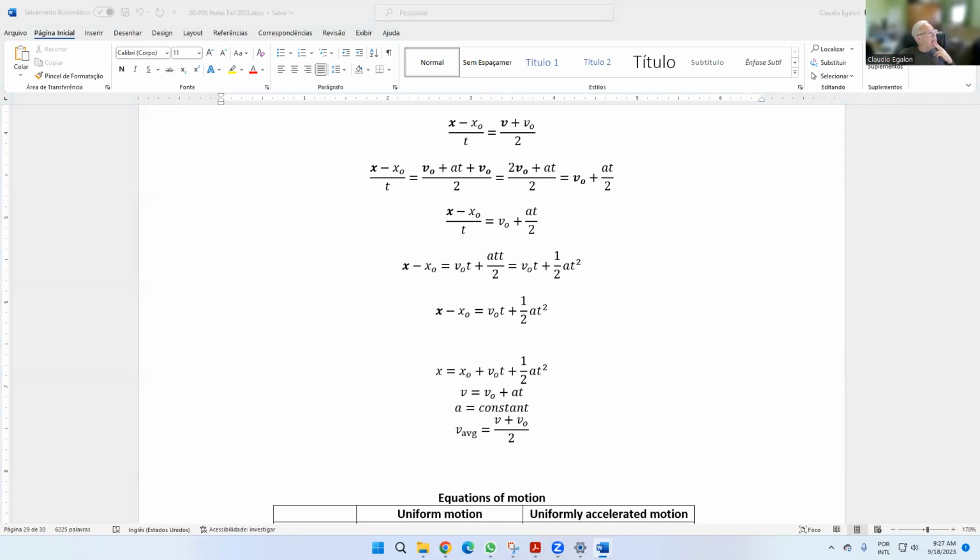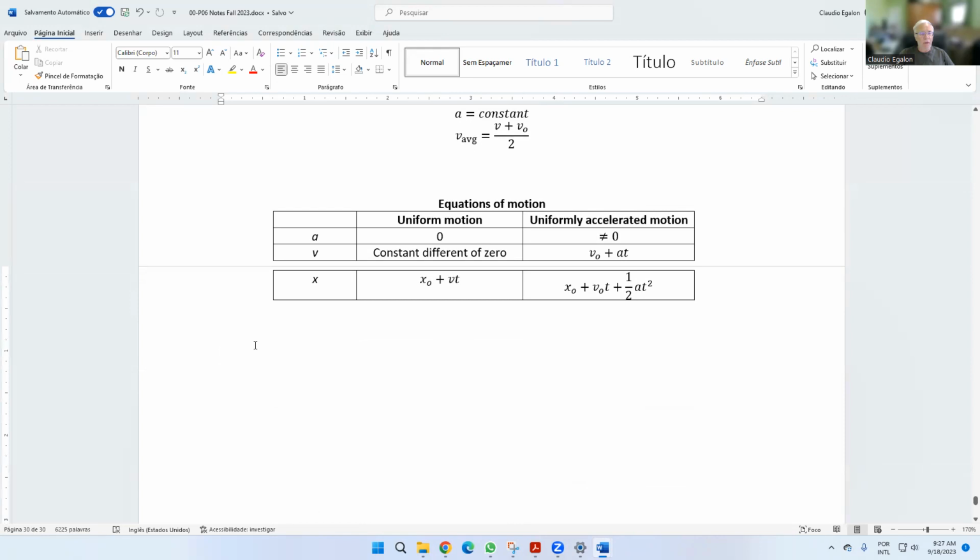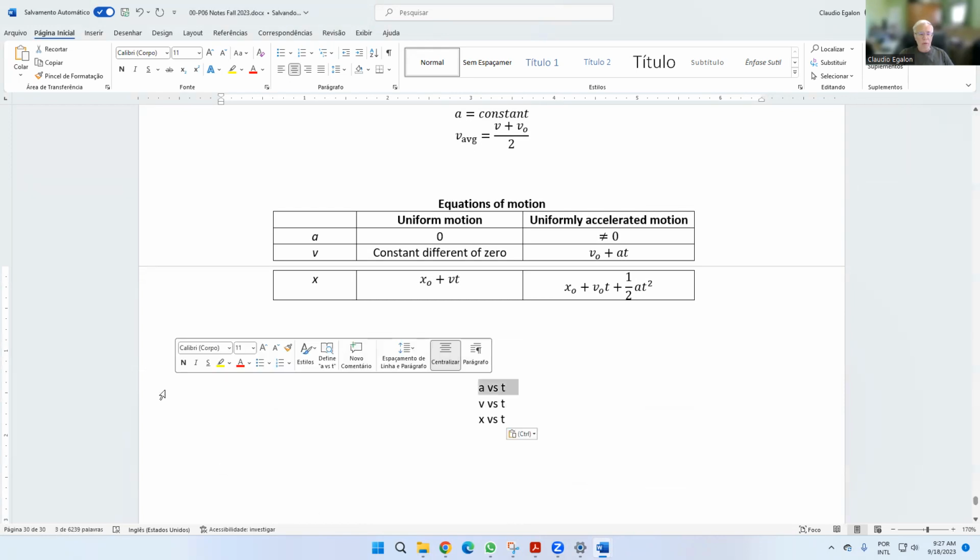And now we have to start looking at how we represent those equations of motion in a graphical format. So here you go. You have to know the graphs for uniformly accelerated motion.